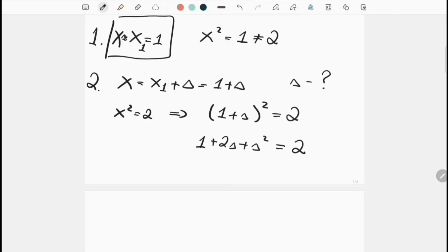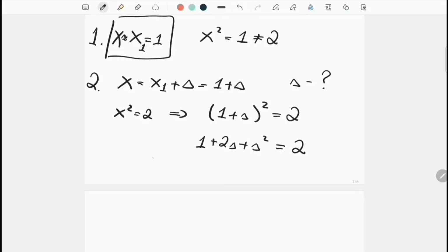But since our original goal was to determine the decimal expansion of the square root of 2, then if now we express the delta in terms of square roots of some other numbers, then we are kind of back to the original problem, and we will need now to find the decimal expansion of those square roots. And since we want to avoid this scenario, then we need to simplify this equation.